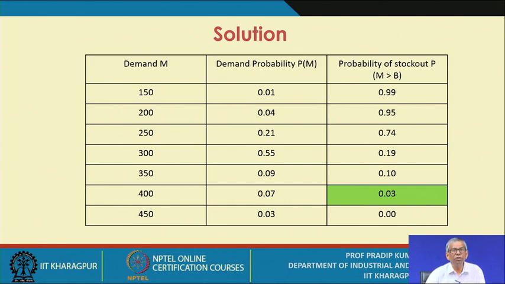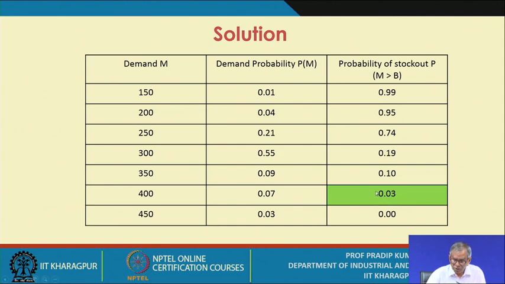But then again, in order to operate at the minimum cost, sometimes you don't need to keep the maximum stock as the reorder point. So that is my optimal probability of stock out, assuming that the relevant cost is held at the minimum level.